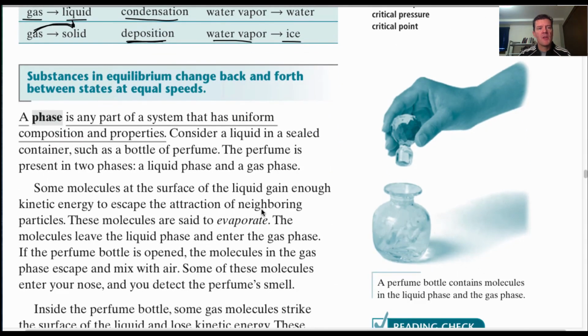All right. So a phase basically is any part of the system that has a uniform composition and properties. So phases are solid, liquid, and gas. Those are different phases. All right, solid, liquid, and gas. So a liquid or a gas or a solid, we say it's in a certain phase, or sometimes we say state. Okay.